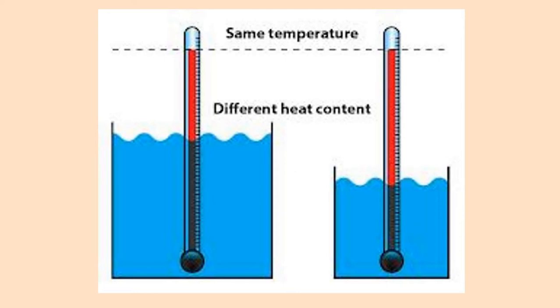But there are many more particles in the larger beaker, which is why there is a larger thermal store for the beaker on the left than there is for the beaker on the right, because your temperature is sort of the average energy that each particle has, whereas your heat is the total energy that that substance has.